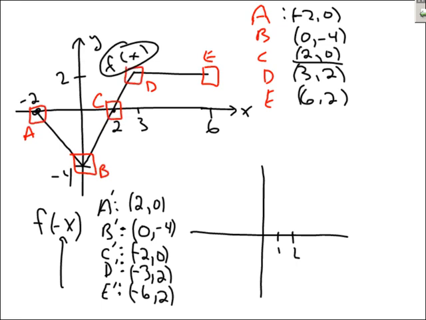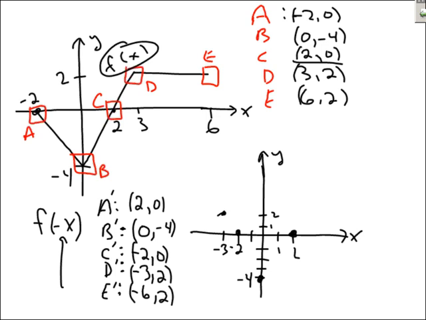1, 2. 2, 0 is right here. 0, negative 4 is right here. Negative 2, 0 is right here. Negative 3, 2 is right here.